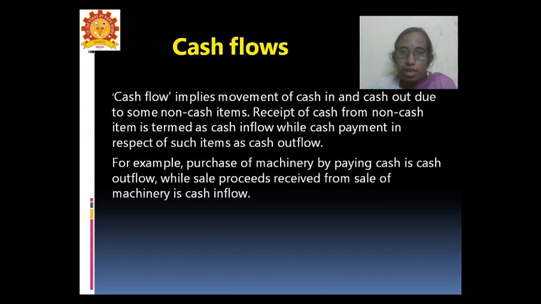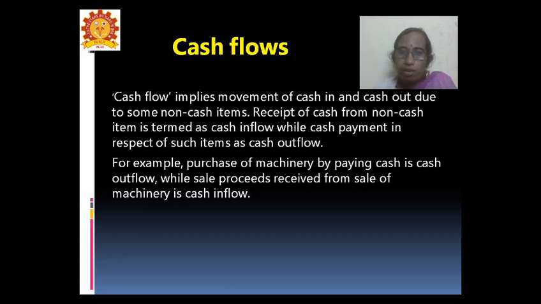Next, we have the cash flows, where we have the cash inflow and outflow, which is the movement of the cash in and out of the business. Sometimes there may be cash and also non-cash items for the businesses.